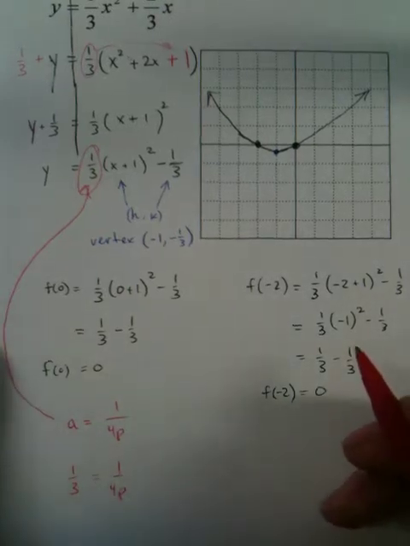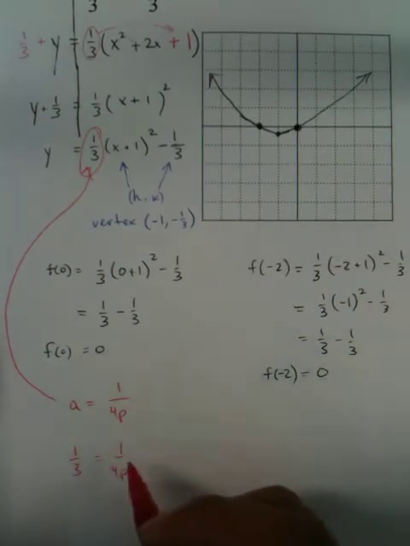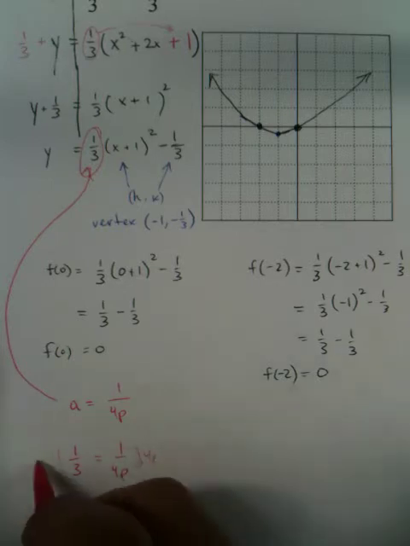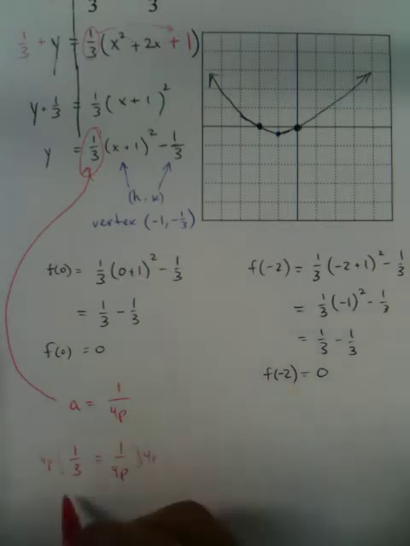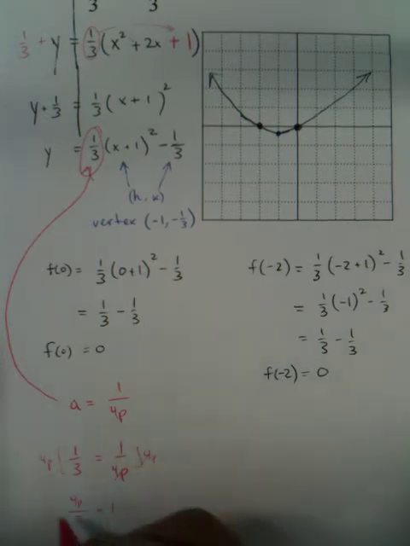You solve for p. Let's multiply both sides of the equation by 4p. That gives 4p over 3 equals 1. Then to get p by itself, you divide the equation by 4/3, which is done by multiplying by the reciprocal.